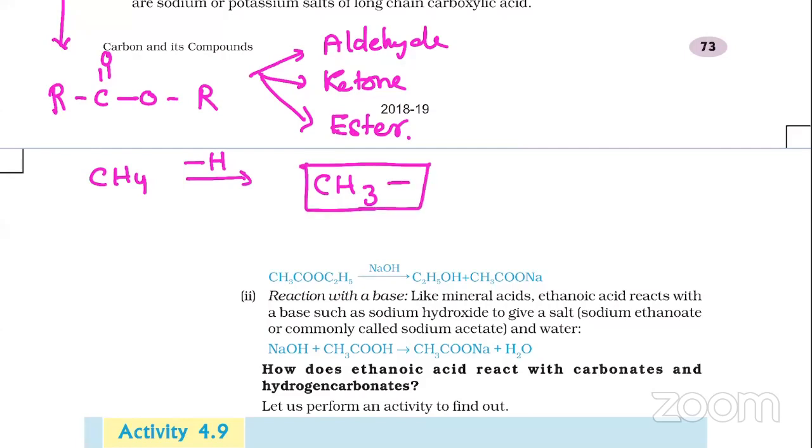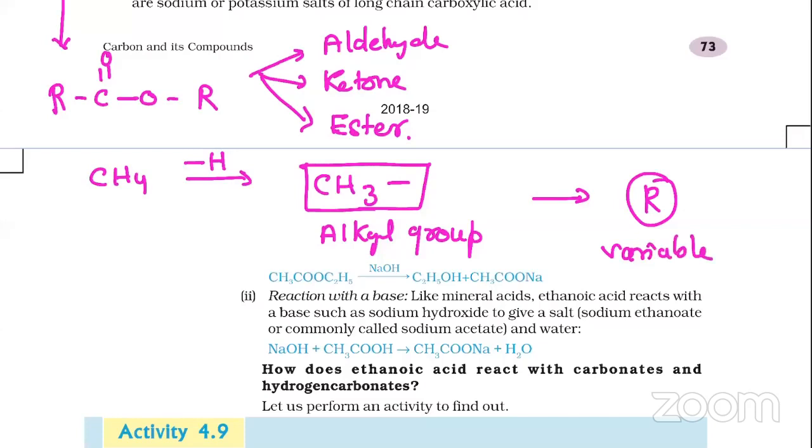This is your alkyl group, written as R. It is variable, meaning the number of carbon atoms in R could change. It might be 2, 3, 4, 5, any number. So it is a variable group.